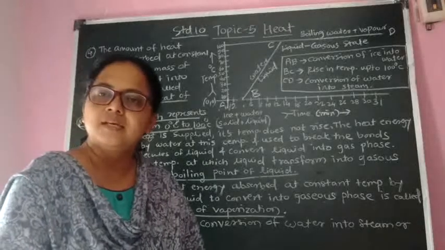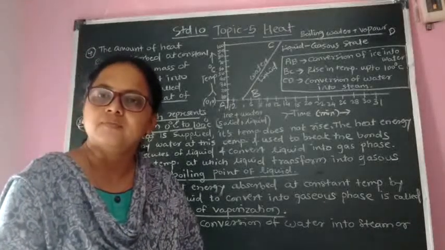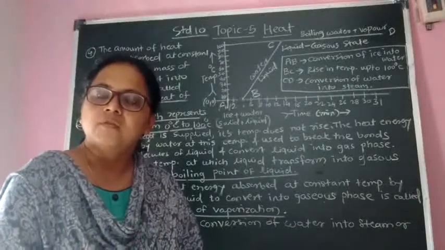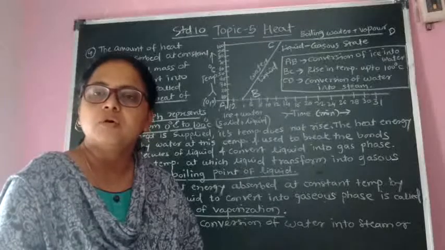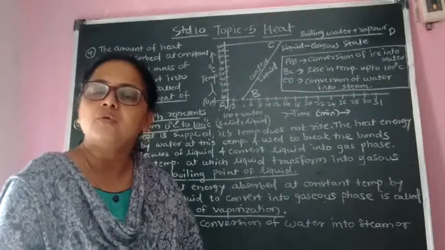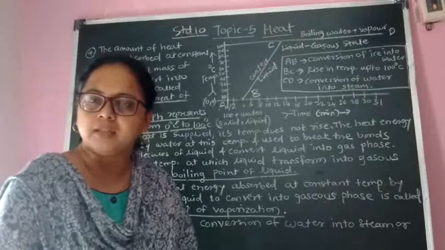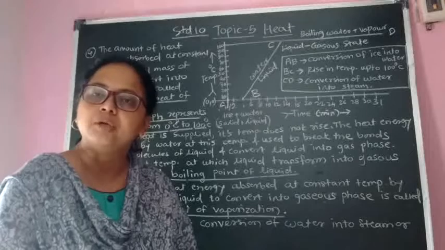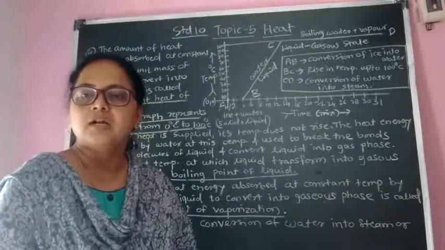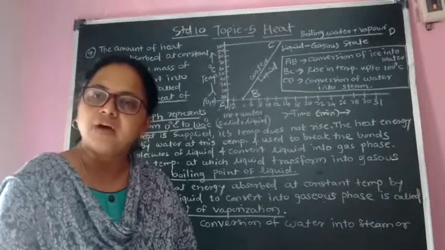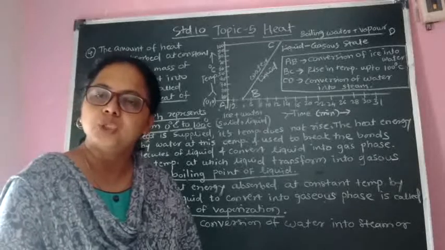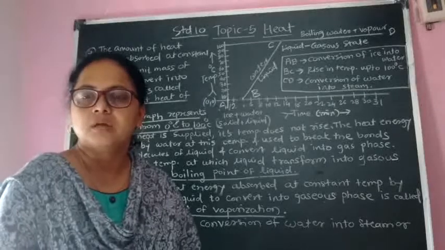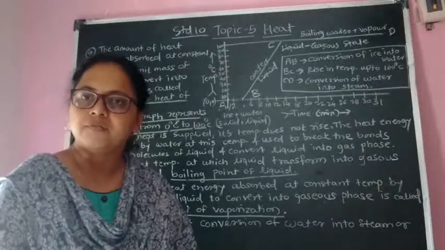In the digest, only 3 or 4 points are given, which is not sufficient from the exam point of view. So in the board exam, you have to write all these points which I have explained, and your answer must include the 4 definitions. In this way you have to explain the graph.